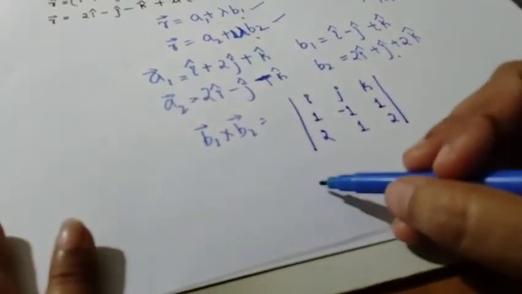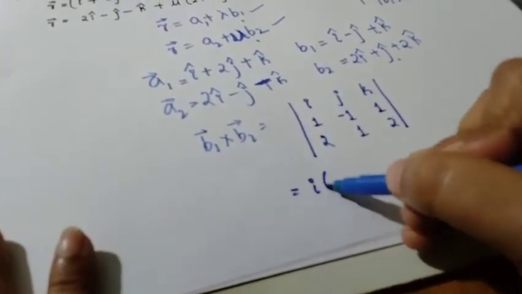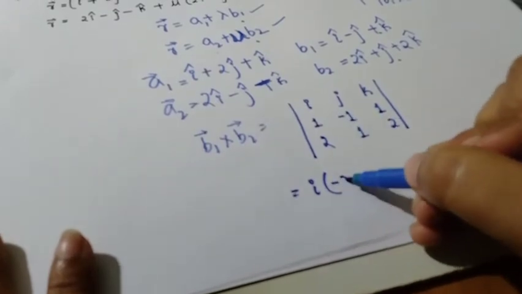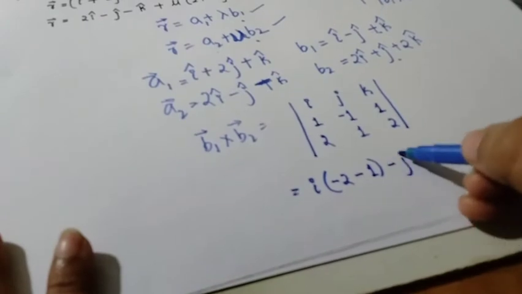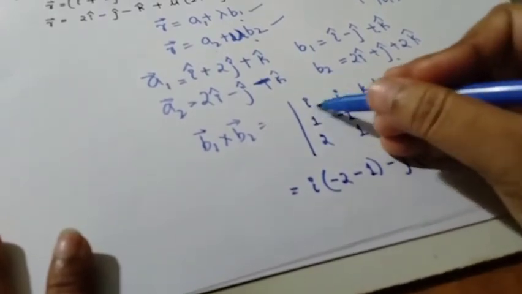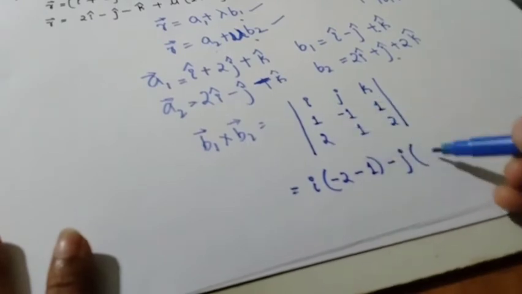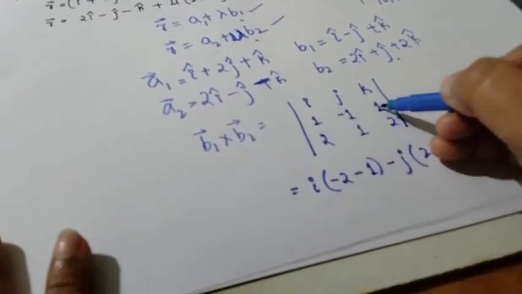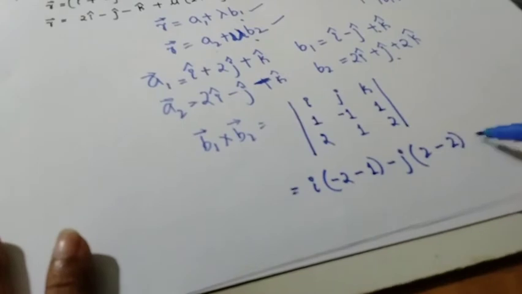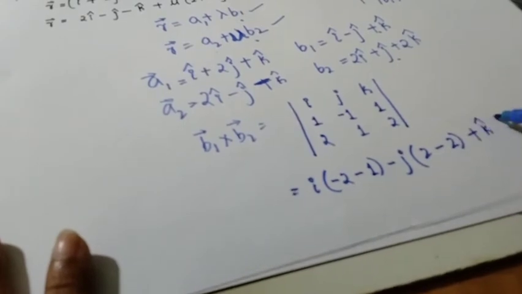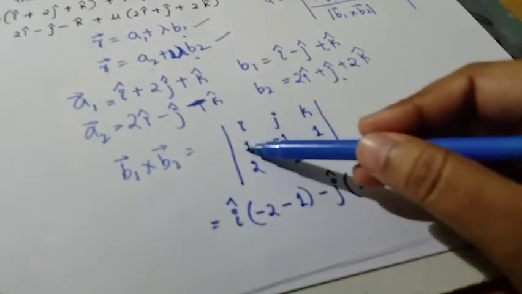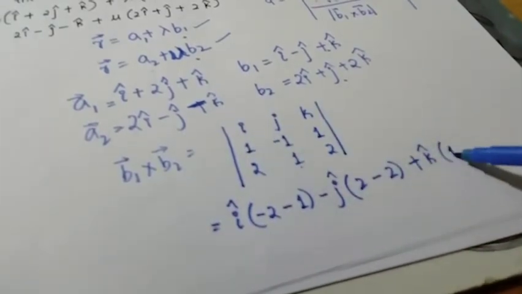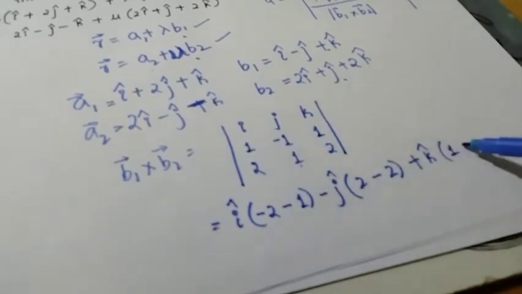If I solve this, how much do I get? i into bracket minus 2 minus 1, minus j into bracket. Leave the j row and j column, you get 2 minus 2: 1 into 2 is 2, minus 2 into 1 is 2, plus k cap into bracket: 1 into 1 is 1, minus into minus becomes plus, 2 ones are 2.